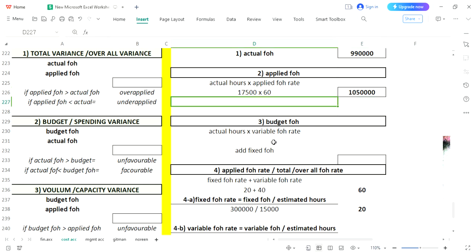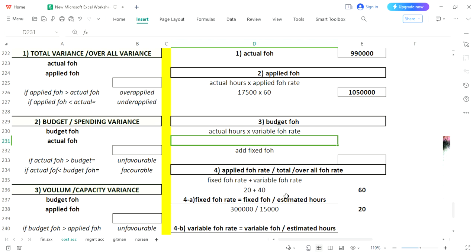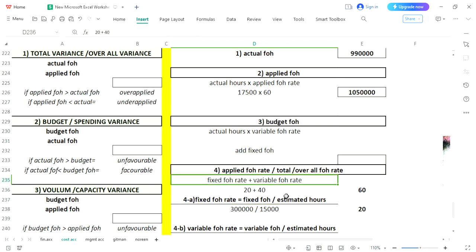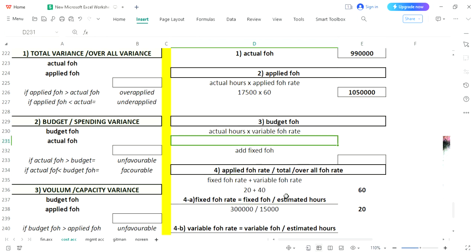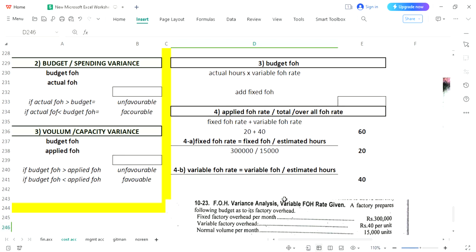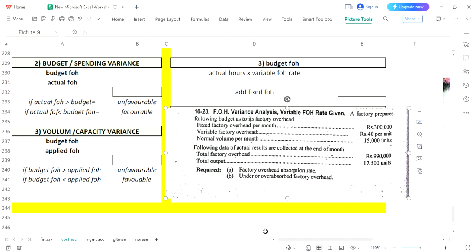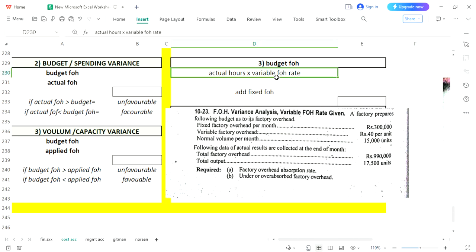It's time to calculate now budget FH. For that purpose, what do you need? Actual hours. So see your question there, actual hours is written. We have already decided that actual result is given under this. Following data, actual result, total output 17,500. So you need to put 17,500 as actual hours, and then variable FH rate.